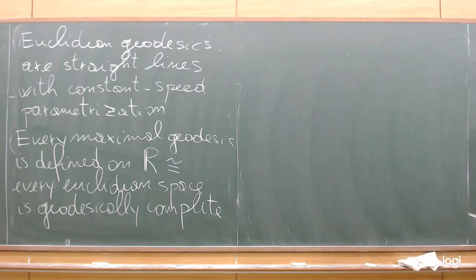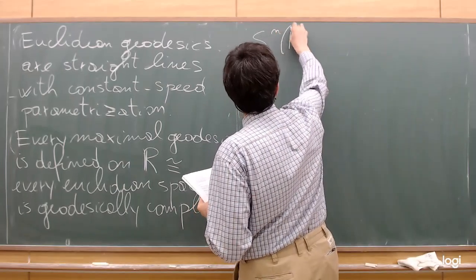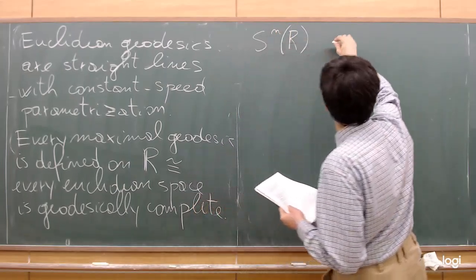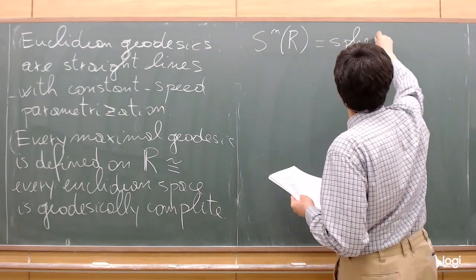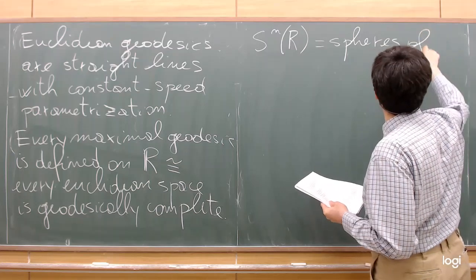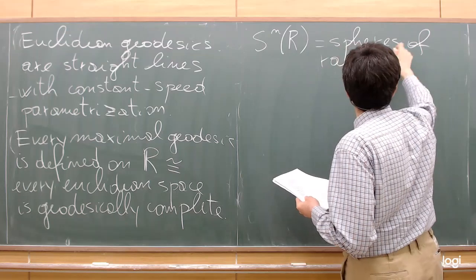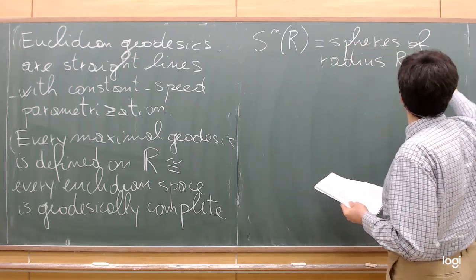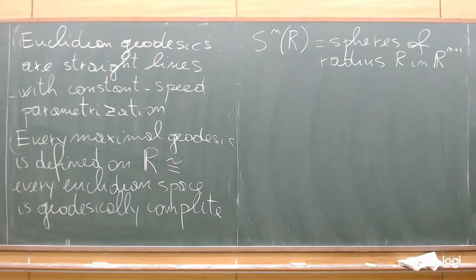What about spheres of radius R in the Euclidean space?